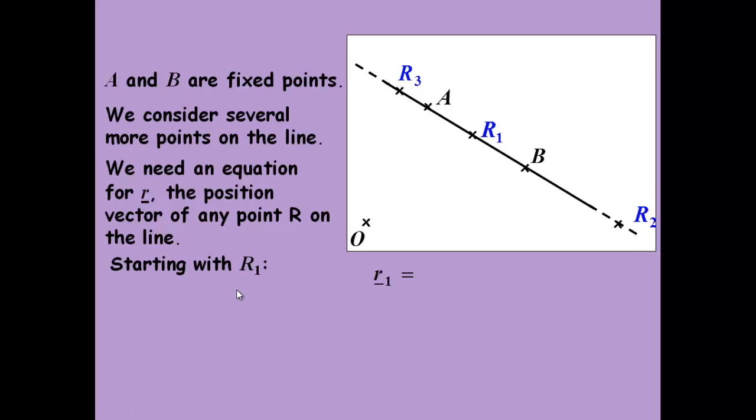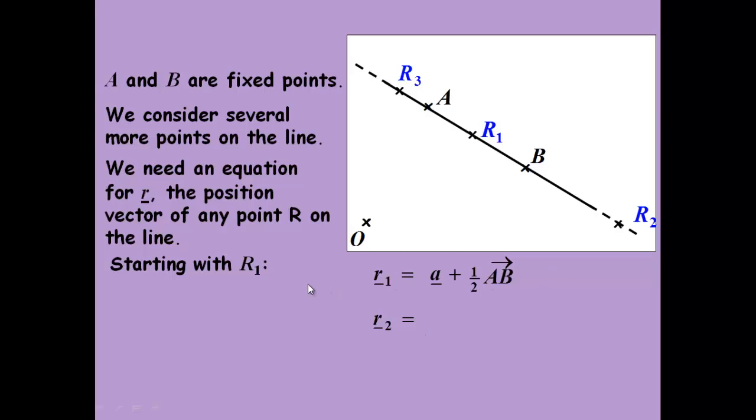So if we start with R1, we can see that we can write R1 as A plus, and that distance there, half AB.